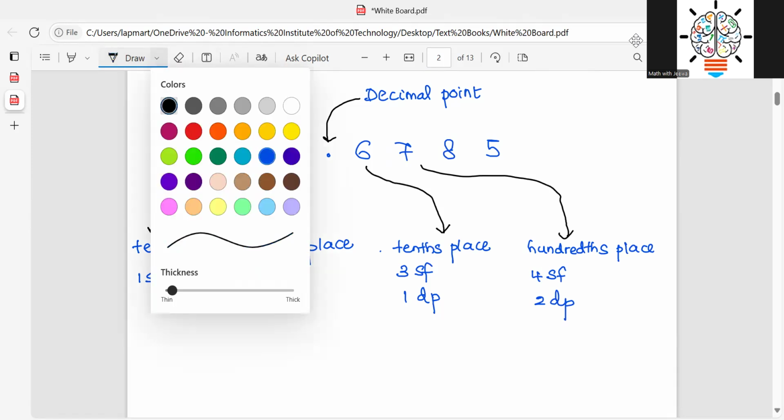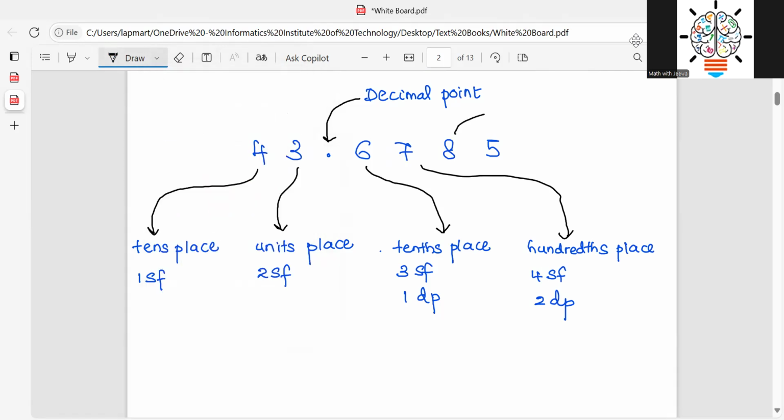So then the next one I'll write here to this side. Okay. So this is what? This is the thousandths place. And this is the fifth significant figure and third decimal place. Hope it is clear for all of you, right?